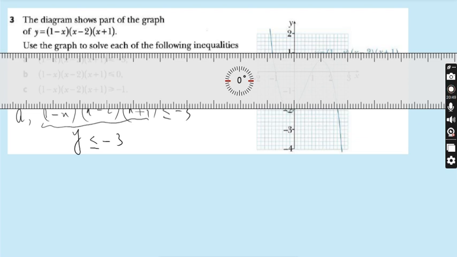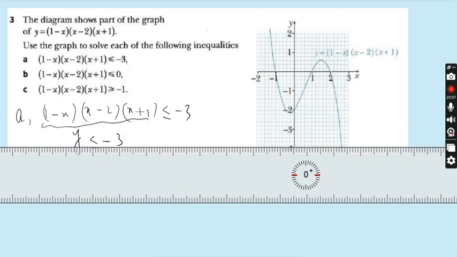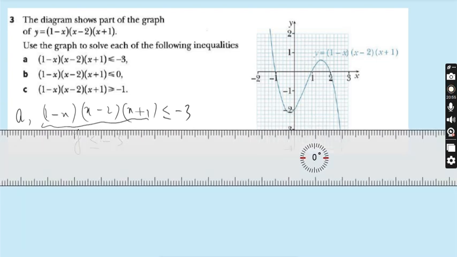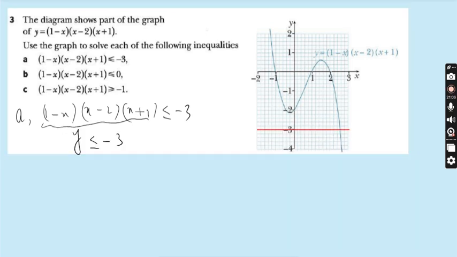So we have to draw a line which is y equals minus 3. This is y equals minus 3. Draw the line. And now focus on the sign of inequality. In this part, the sign of inequality is less than or equal to.